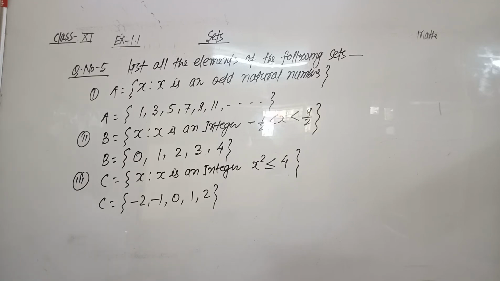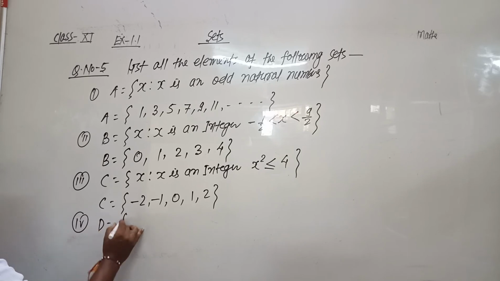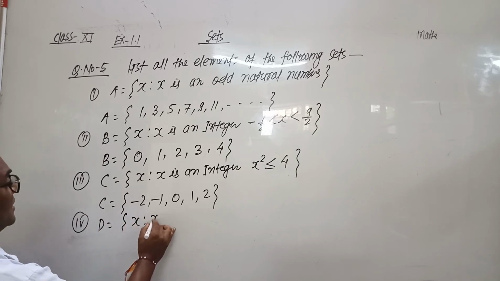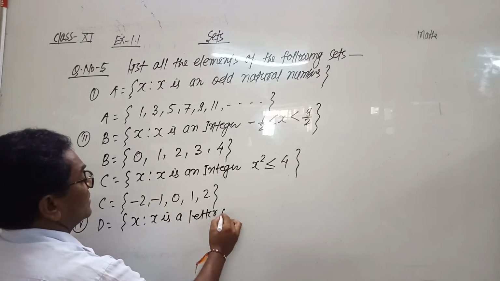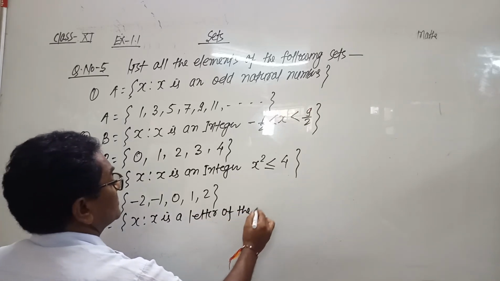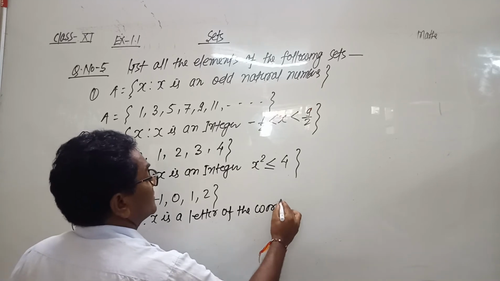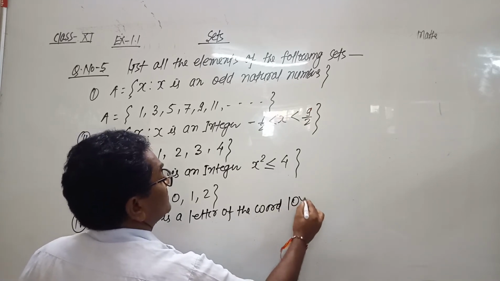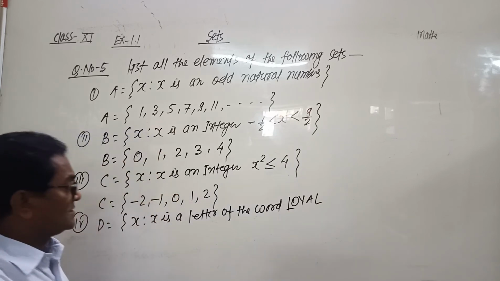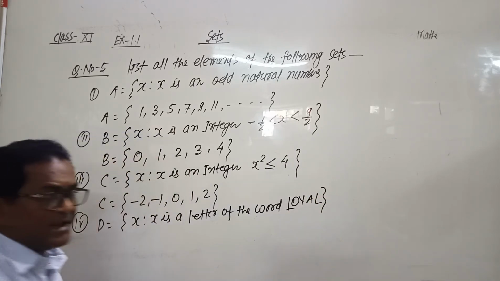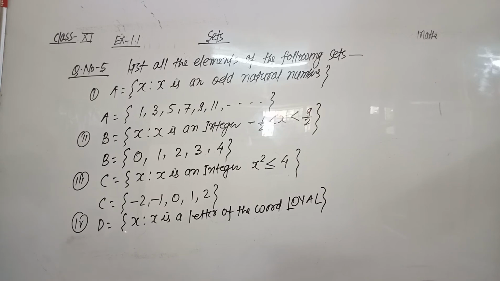And the next is x such that x is a letter of the word loyal.